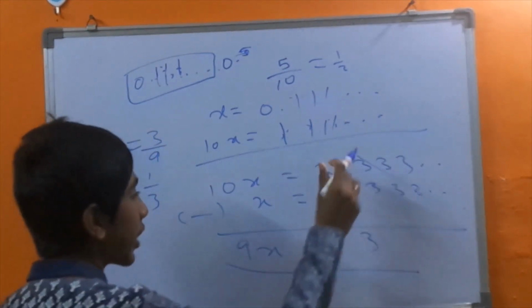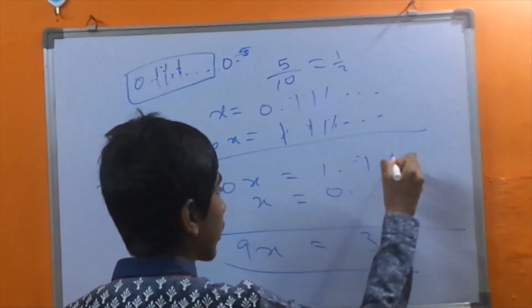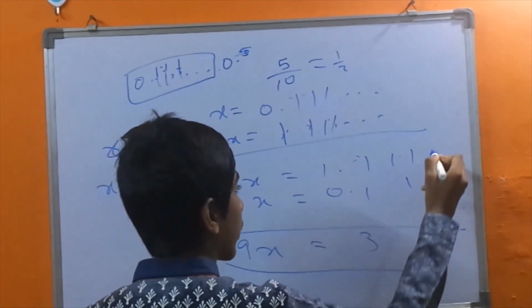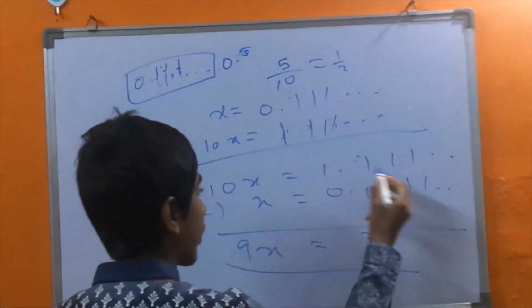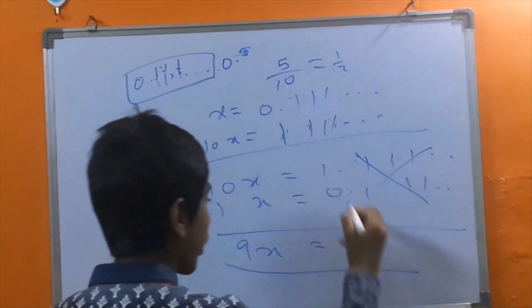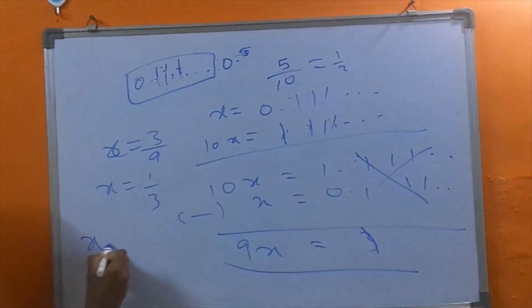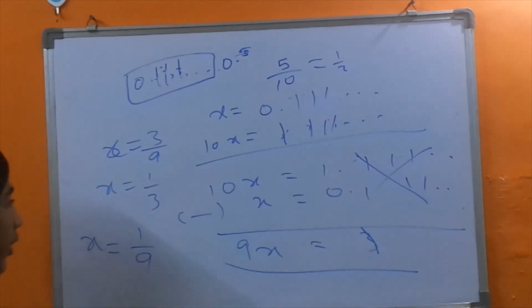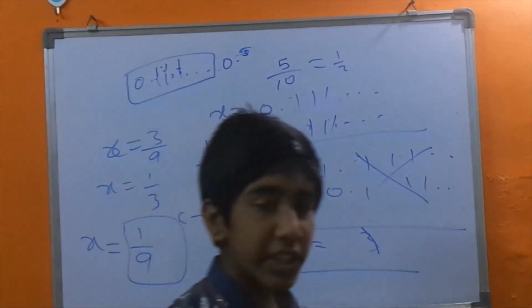So if we subtract them again, the same answer: 10x minus x is 9x, and this all cancels out to be 0 and 1. And x is equal to 1 by 9. It's very simple if you understand.